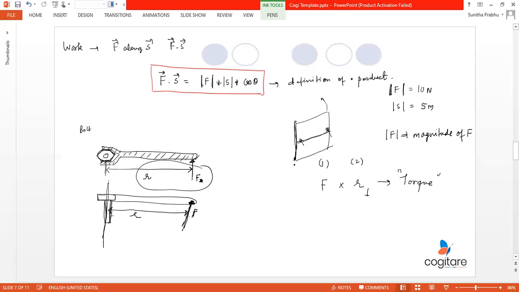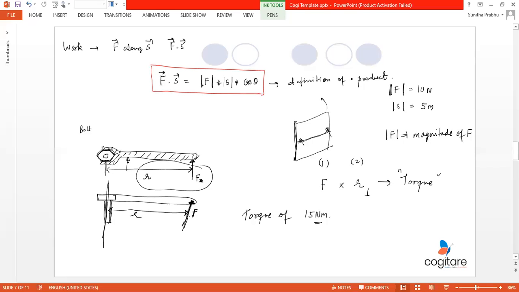So if you say, I want to remove this bolt, then you will not say, I have to apply a force of 10 Newton. That is an incorrect specification. You will say, if I want to loosen this bolt, I need to apply a torque of something like 15 Newton meter, because you may apply a heavier force at this point. This distance is less, but force is more.